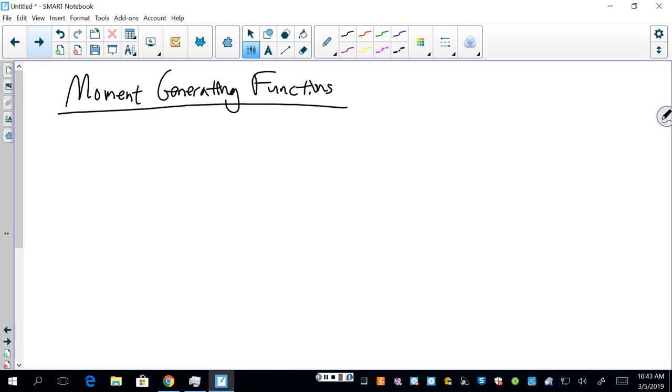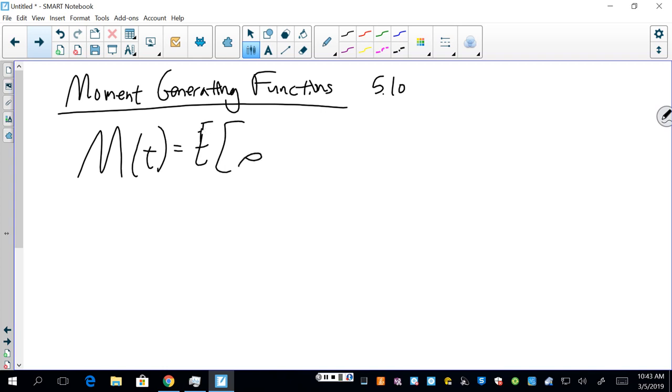And this is in 5.10 of the book. The general definition of what a moment generating function is. The moment generating function for a random variable is the expectation of e to the t x.